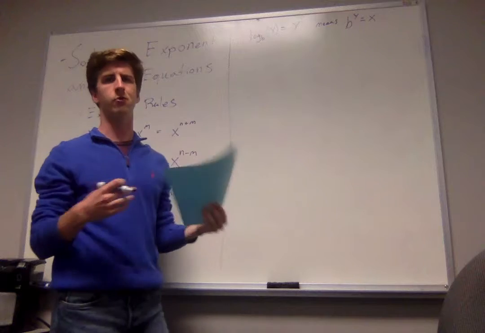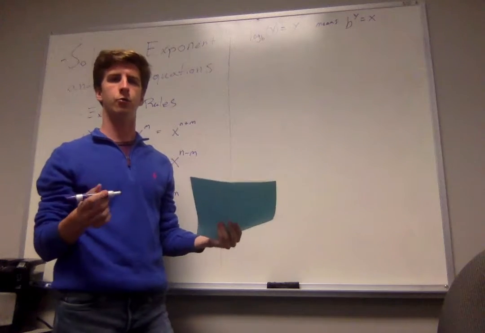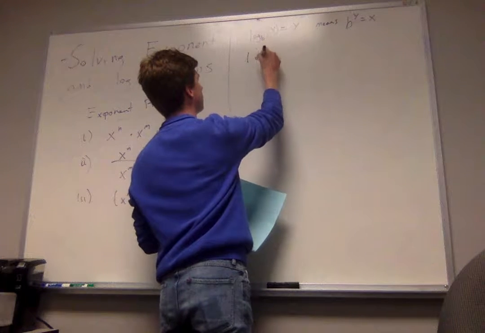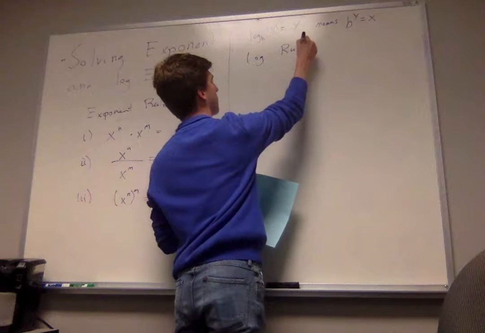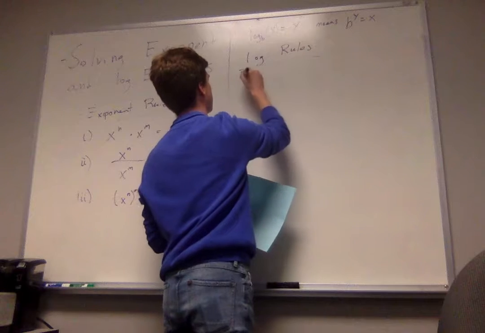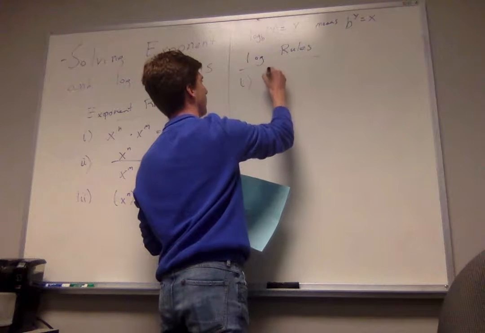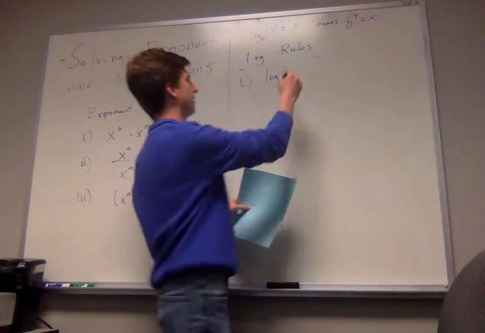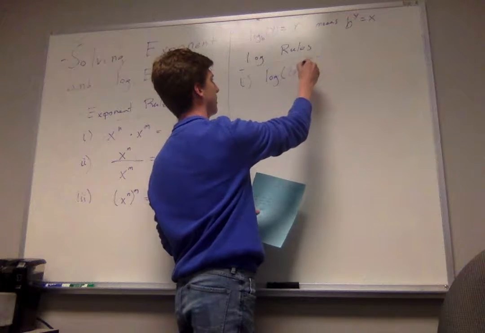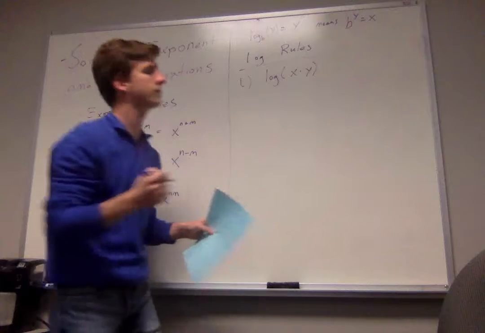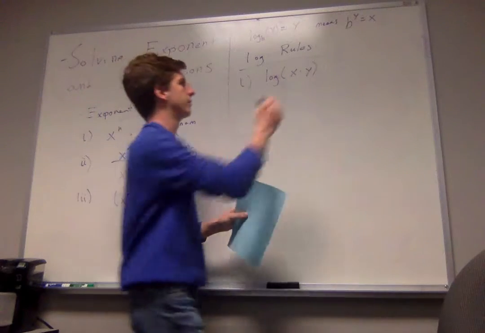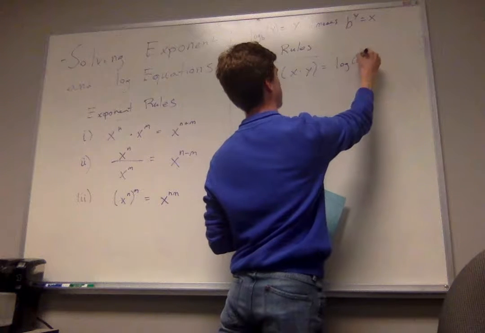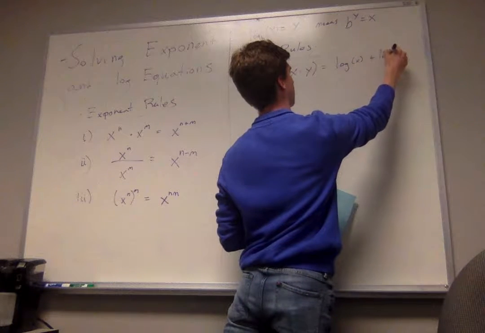That's how they're defined. And we also went over three log rules that are useful to us. So our log rules are, first, if you have a logarithm that has x times y on the inside, you can break this logarithm up and say that this is equal to log of x plus log of y.